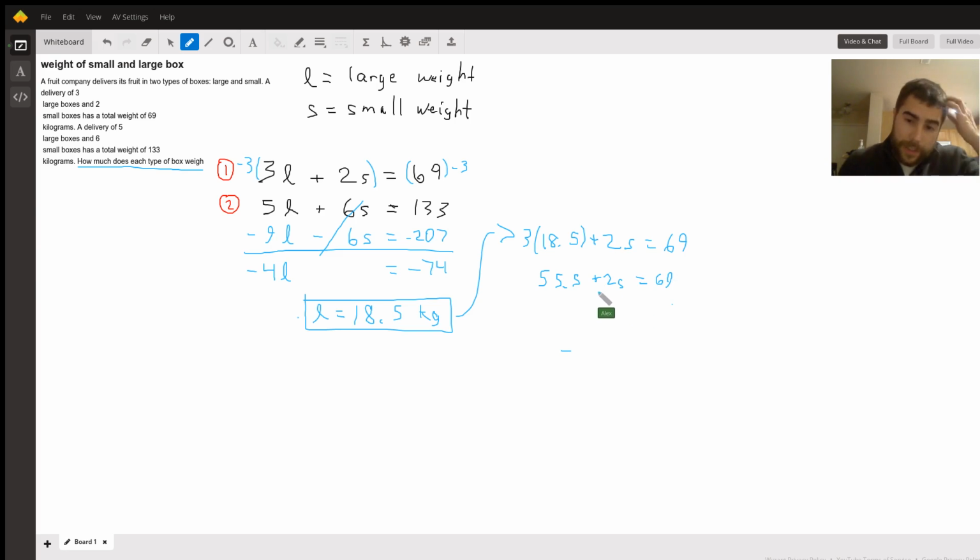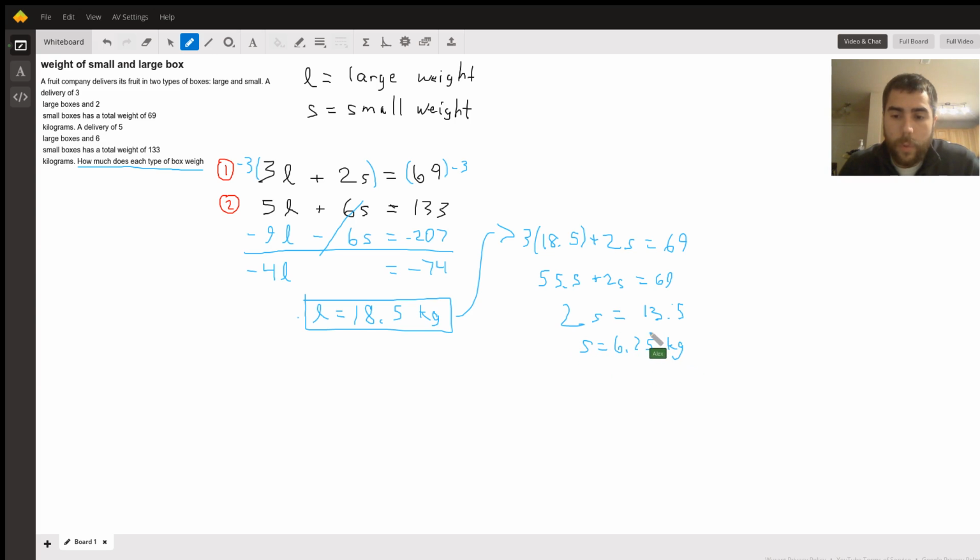So when we subtract the 55.5 from the 69, we get 2S equals 13.5. And so our S is just going to be 6.75 kg.